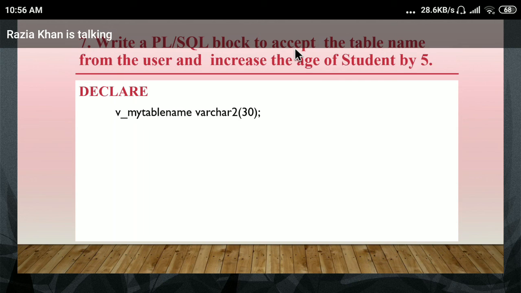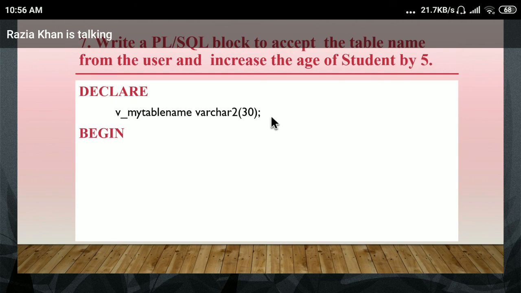Every time the question asks to accept the table name or the ID or any detail from the user, first you need to declare some variable. So declaration: variable name, then type, and then size. This is your declaration part.